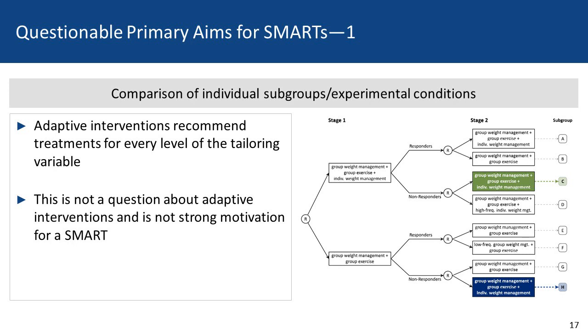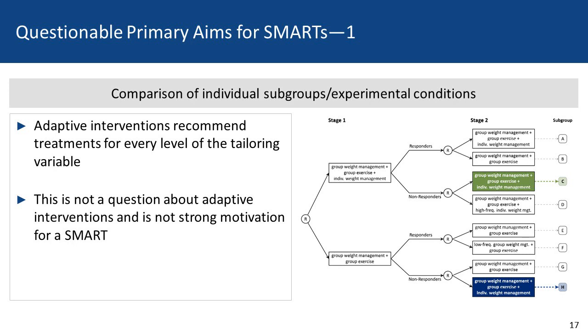This means that an adaptive intervention is making treatment recommendations for both responders and non-responders in this context. This comparison of just two subgroups is not a question about adaptive interventions at all, because it's just looking at particular interventions received by non-responders.